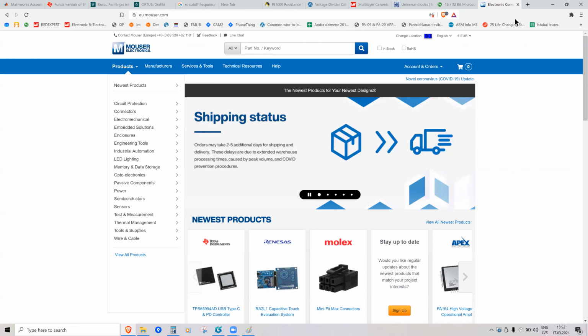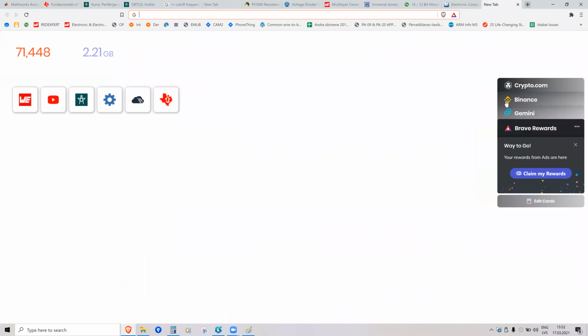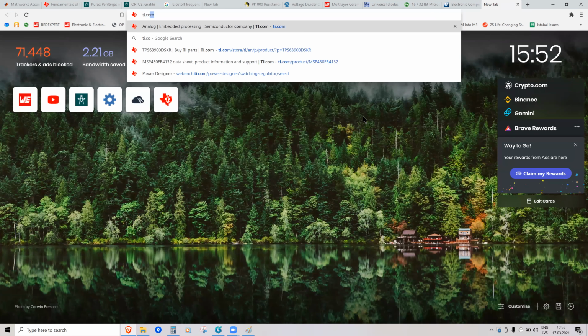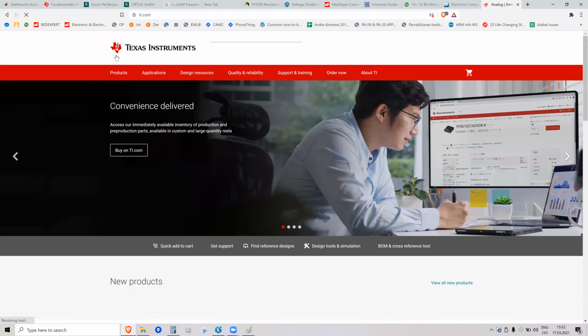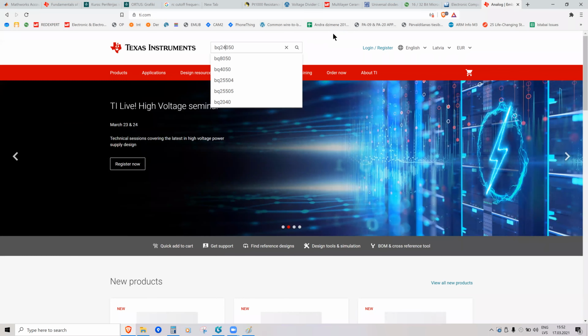And another thing is that if you need chips from Texas Instruments, it has lots and lots of chips. For example, the Q2050, 2450.